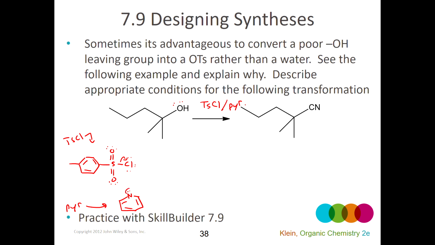And then this nitrogen afterward is going to pick off this proton. So when you see tosyl chloride and pyridine, what it's meant to do is to convert an OH into an OTs. And what that looks like is this.